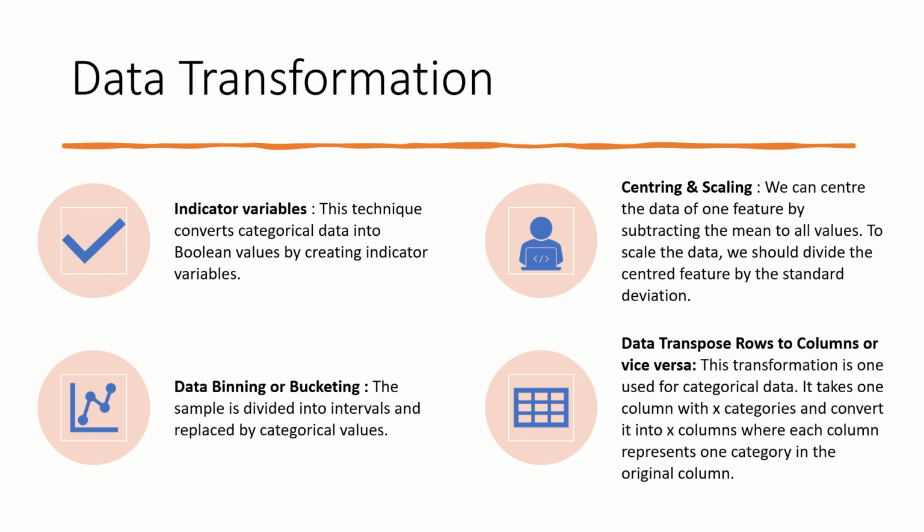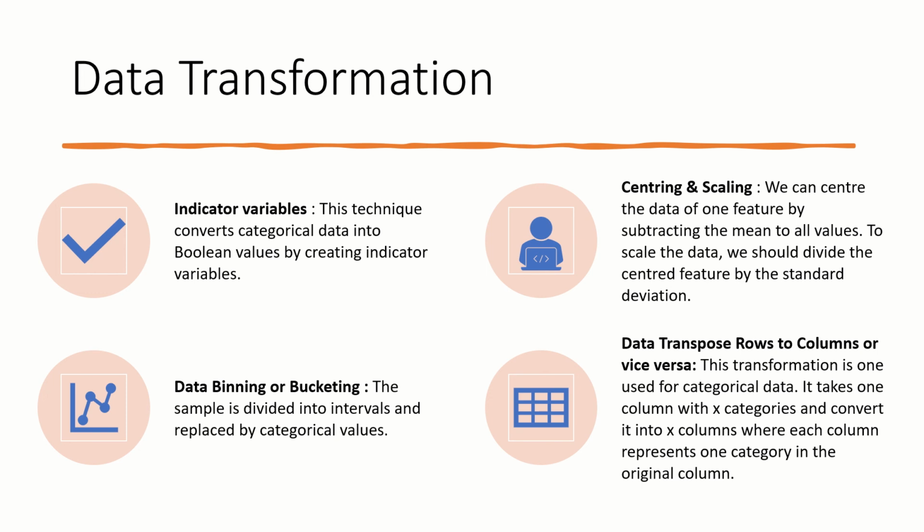We have been talking about indicator variables, data binning or bucketing, centering and scaling, and data transpose. Indicator variables means converting the categorical data into Boolean values. As mentioned earlier, you have seen there was a categorical variable called gender, where we saw male and female.